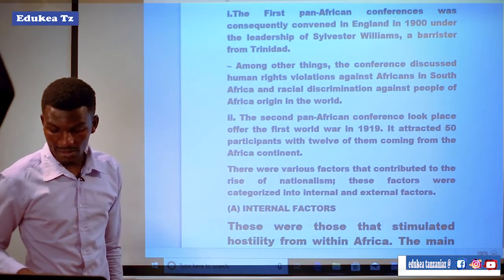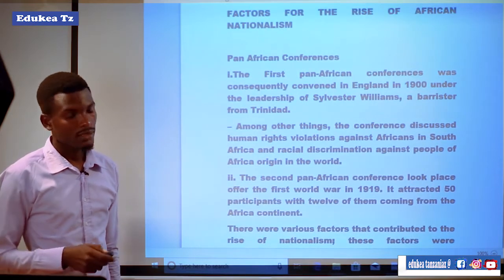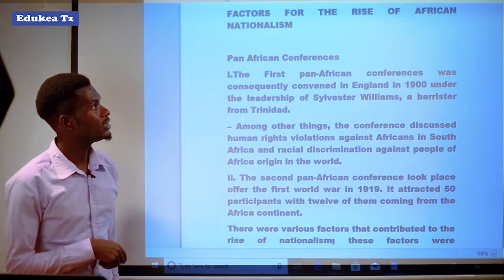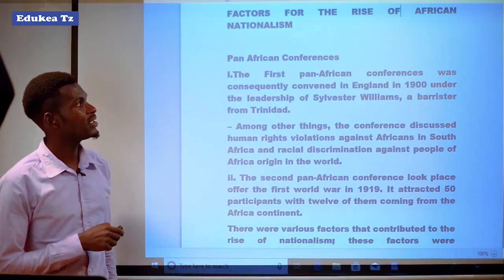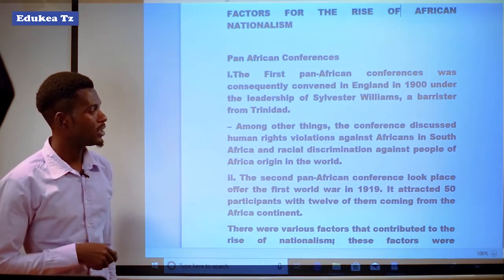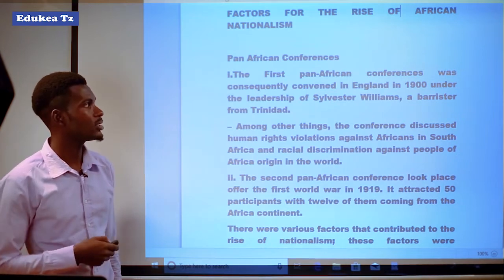Let us see the factors that led to the rise of African nationalism. But before looking at the factors, we can take a little look at the Pan-African conferences, whereby different conferences were conducted to ensure that the African countries got independence.